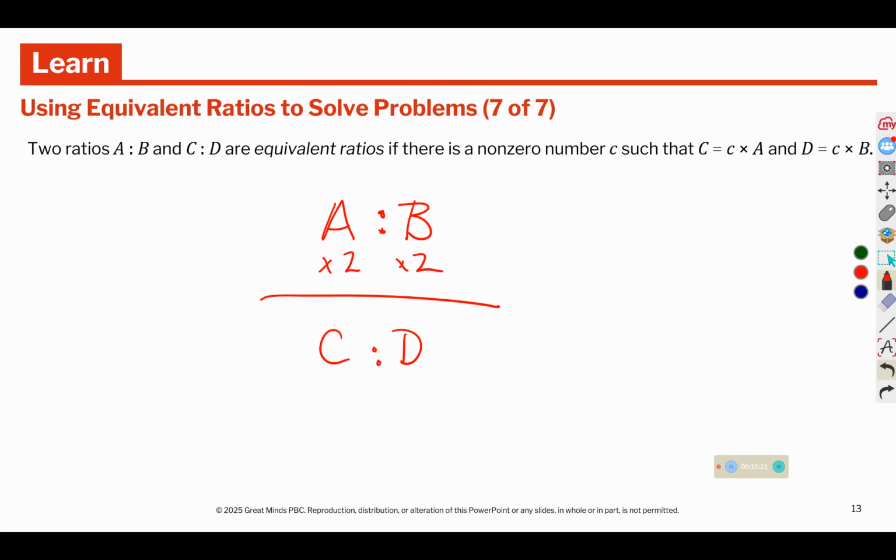Here's an example. 5 to 3 is equivalent to 20 to 12 because I can multiply both of them by the same number. 5 times 4 is 20, 3 times 4 is 12. Here's another set of equivalent ratios.